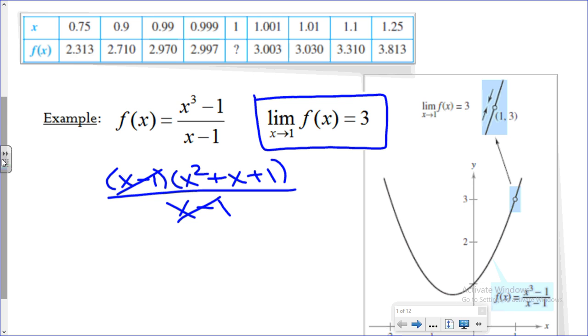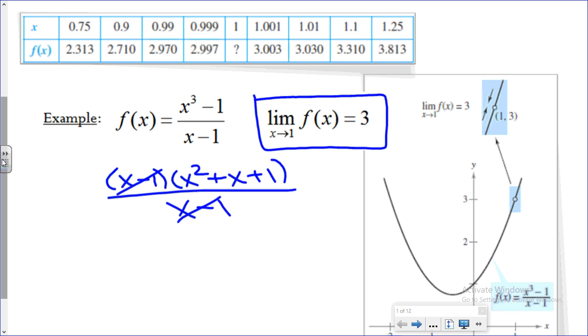Now, there's not an actual coordinate at 1, but as we approach 1, we are approaching 3. We know this hole is at the coordinate (1, 3), and so as our x values get closer to 1, our y values get closer to 3. So the limit as x approaches 1 is 3. Does that make sense?